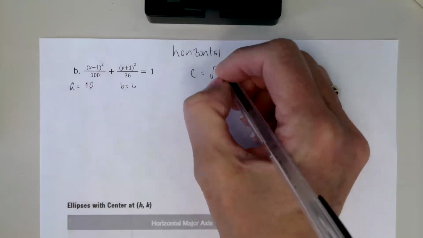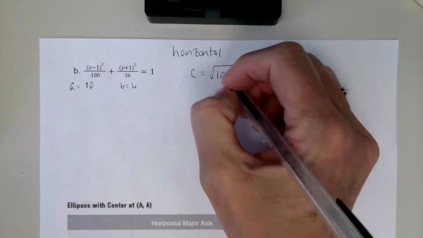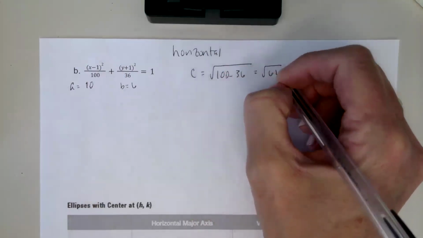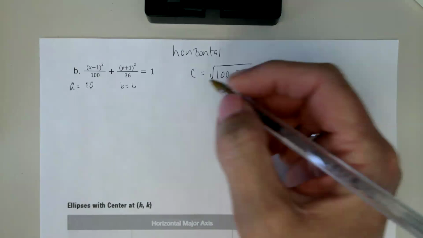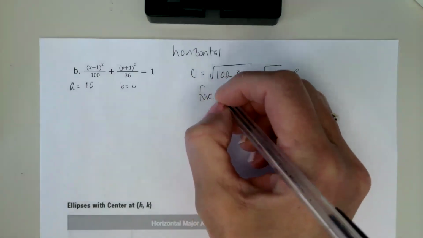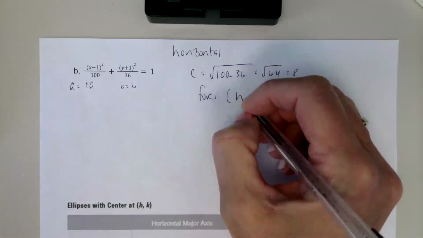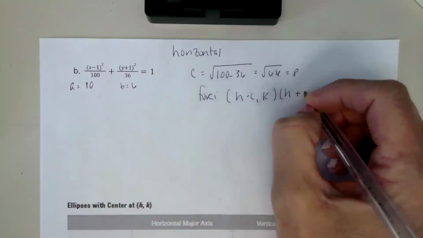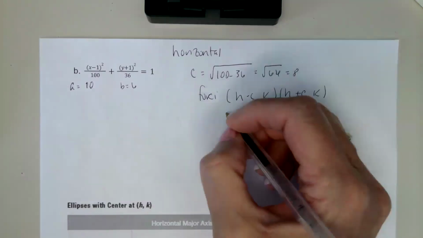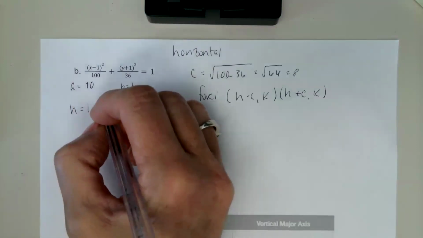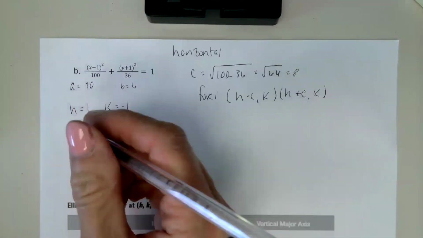So this time C is 100 minus 36, or the square root of 64, or 8. So our foci are going to be at (H minus C, K) this time, and (H plus C, K). And then our H is equal to 1 and K is equal to negative 1.